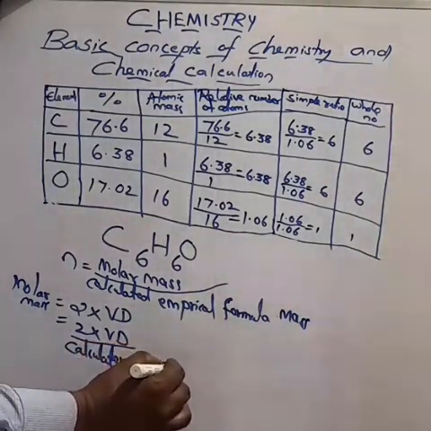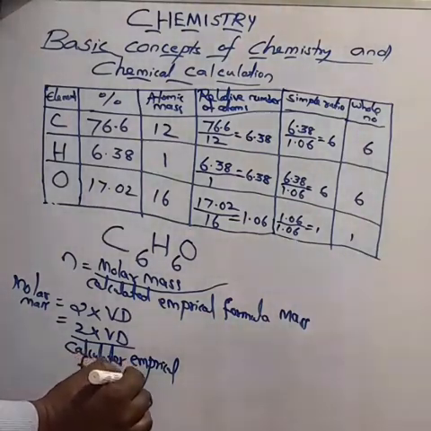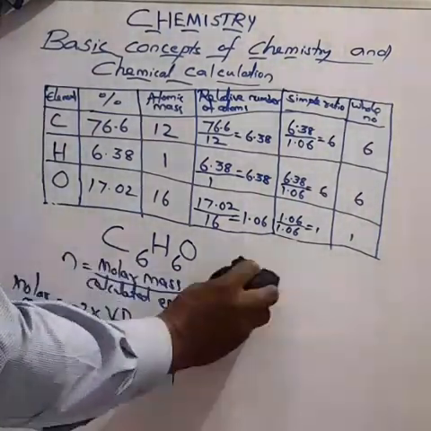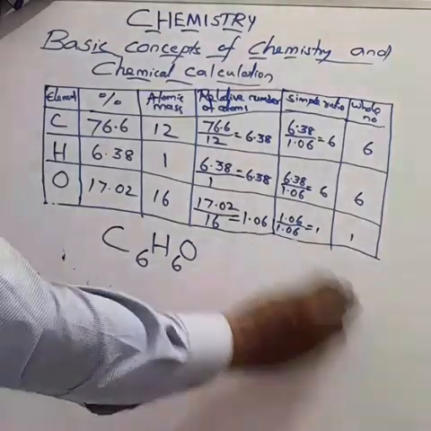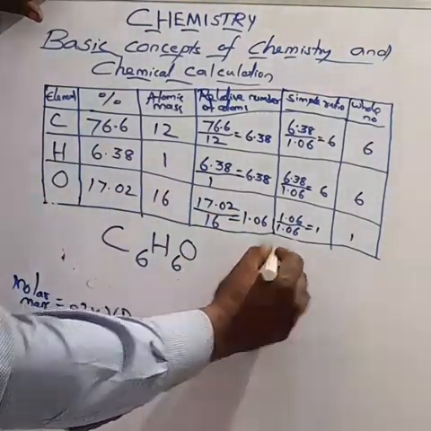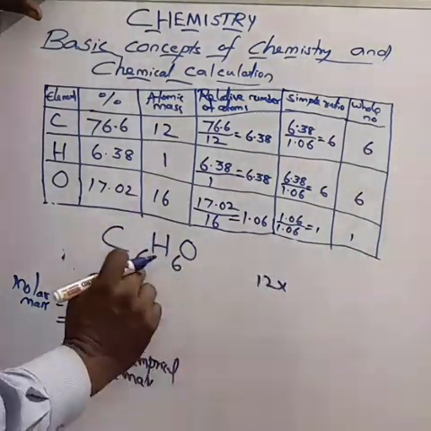So what is our calculated empirical formula mass? That you have to calculate. How can you calculate? One carbon, the atomic mass is 12. Am I right? So 12 into, how much carbon is there? 6 carbon.